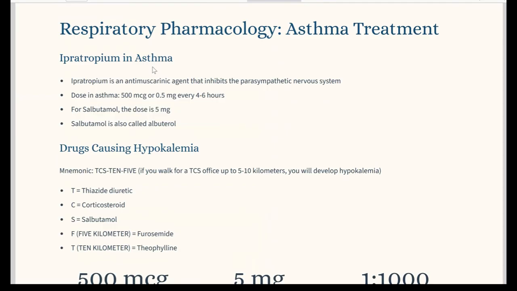All of this was in the slides, but this is just a rapid review, so I'm just going to cover this quickly. Ipratropium is an antimuscarinic agent that inhibits the parasympathetic nervous system. Dose in asthma would be 500 micrograms or 0.5 milligrams every 4 to 6 hours. For salbutamol, the dose is 5 milligrams, and salbutamol is also called albuterol.